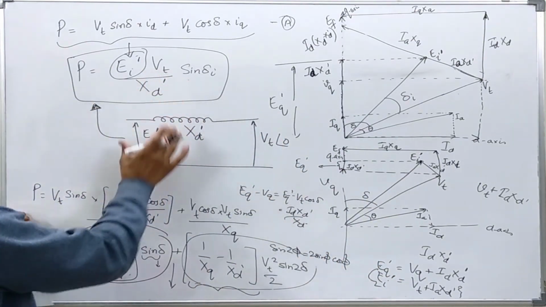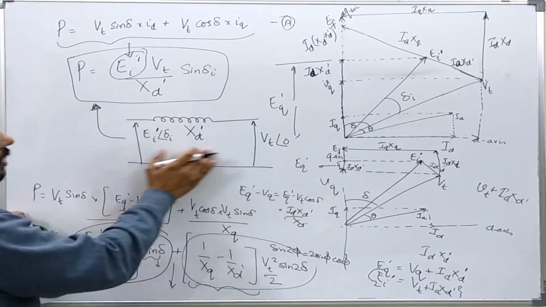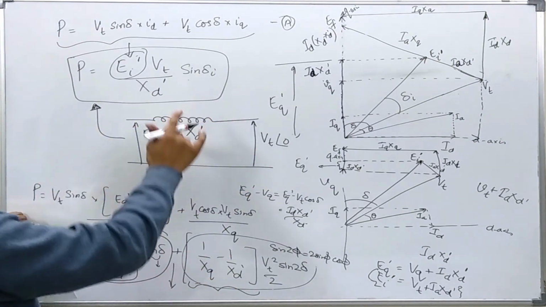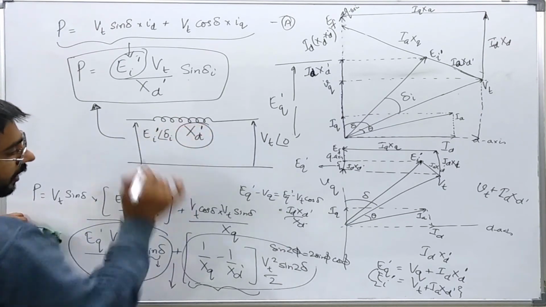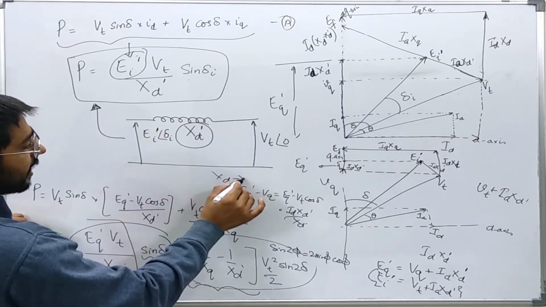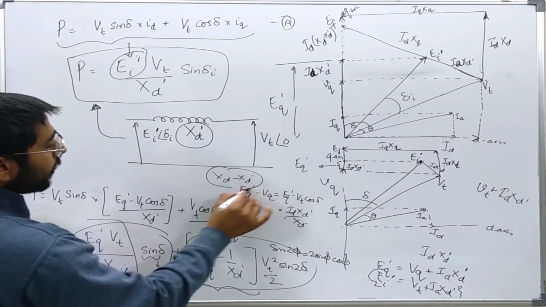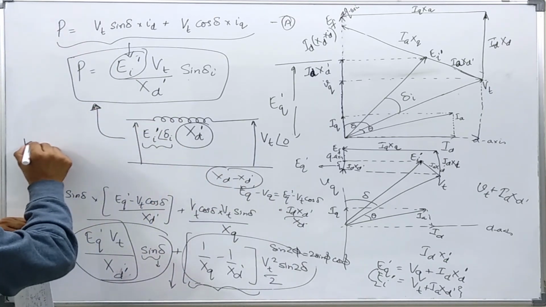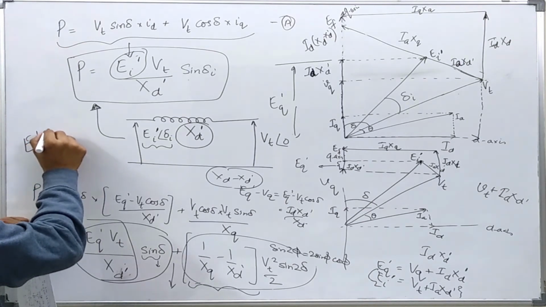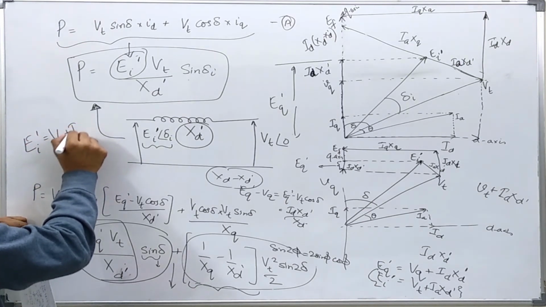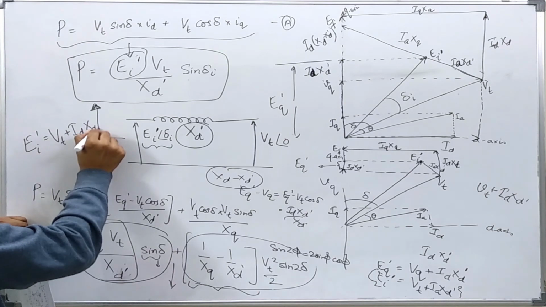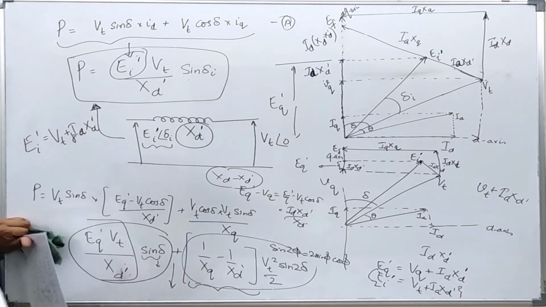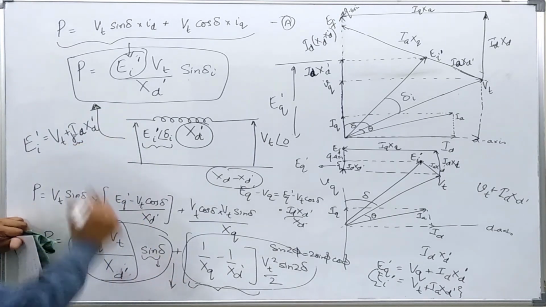In this way, I have got an equivalent circuit model for the synchronous generator in which only XD dash is being used instead of XD minus XD dash and other things. And a voltage is being used which is nothing but VT plus j IA XD dash. J is for the reactance part only.